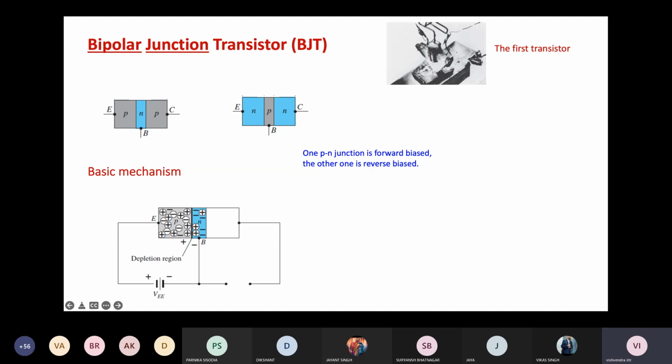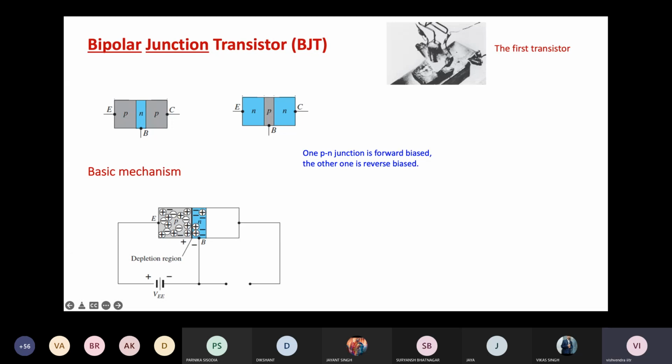When the emitter base junction is forward biased, and the collector base junction is reverse biased, in that case, the amplification is achieved as we expect from a transistor. But we can bias the transistor in such a way that both the junctions are in forward bias, or both the junctions are in reverse bias, or the collector base junction is forward bias and emitter base junction is reverse bias.